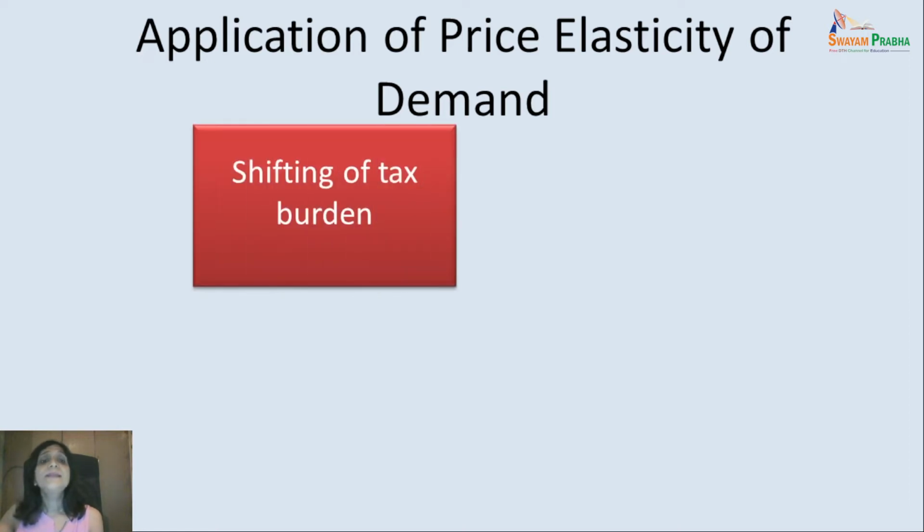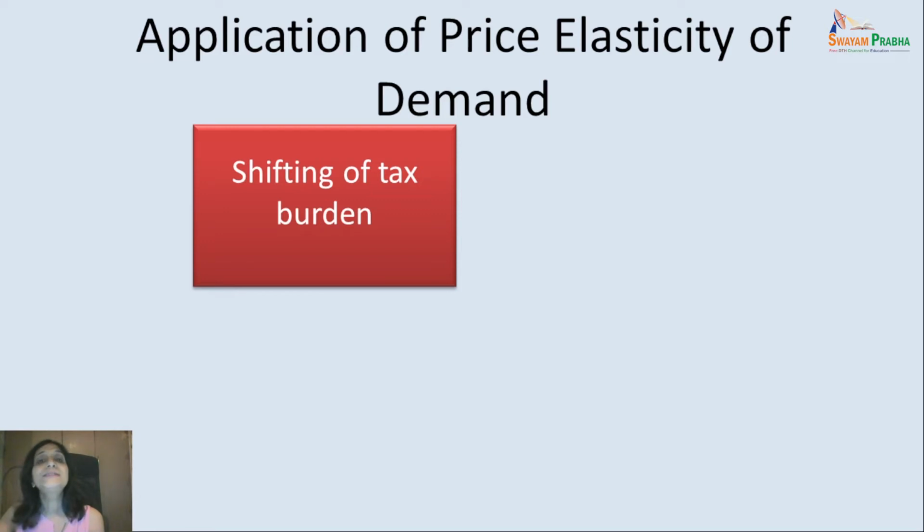Then another very important application is the shifting of the tax burden, indirect taxes in particular. If, for example, the government is charging some GST, that is goods and services tax, how much of that tax burden will be absorbed by the producer, and how much he will shift to the consumer will be determined by the price elasticity of demand of that product.